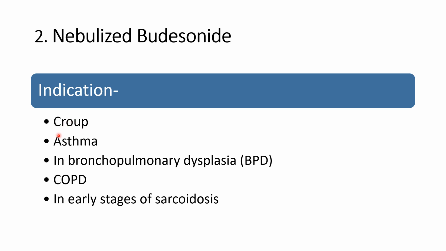It is also effective in asthma, but preferably as a maintenance treatment or prophylactic therapy for the patient with asthma. Whenever a patient comes with an acute asthma attack, we prefer the systemic corticosteroids, either prednisolone or methylprednisolone.